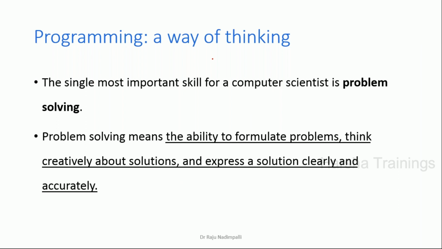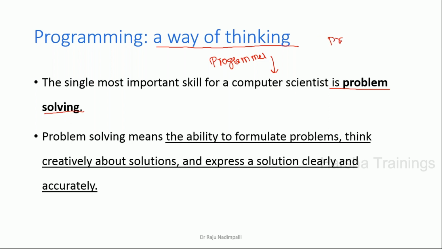Now if you want to become a programmer, also called a computer scientist, what is the basic qualification? It is not your MCA, it is not your BTech and MTech. The first and foremost point is you should have a problem solving approach.